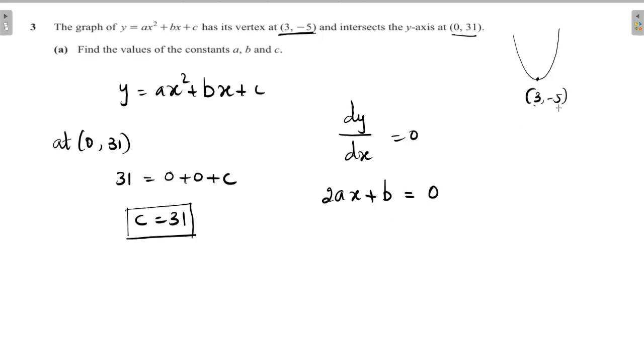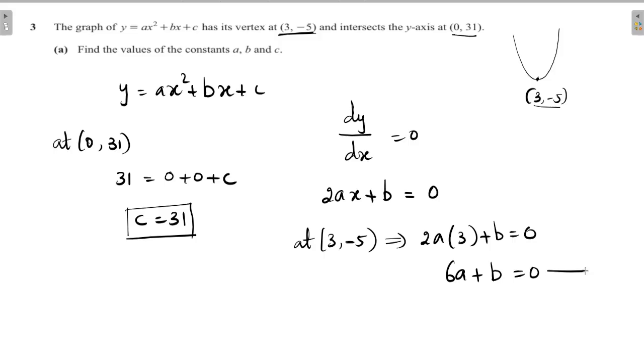At the point (3, -5), 2a times 3 plus b is equal to 0. So 6a plus b equal to 0. This is one of the equations.